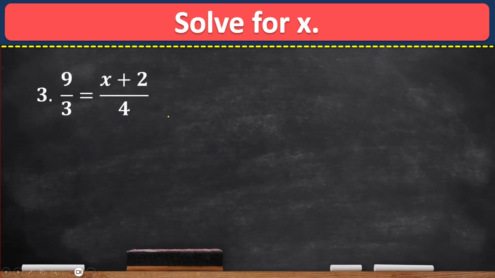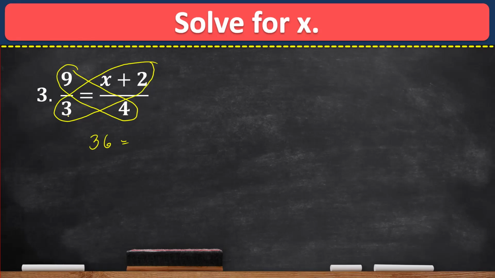Next one. We have 9 over 3 equals x plus 2 over 4. So again, cross multiply lang. 9 times 4, that is equal to 36 equals, so we're going to have 3 times x plus 2. So we will distribute 3. Okay, so 3 times x, this is 3x. 3 times 2, that is 6. So plus 6.